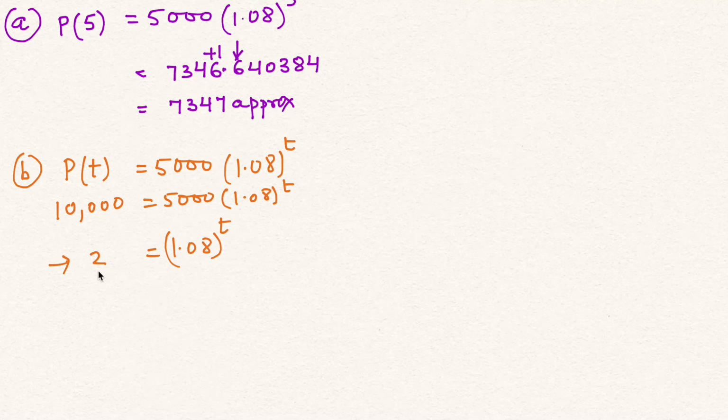Okay. Now, because this is an exponential equation and the variable is in the exponent, we will convert this into log. So log base 1.08 of 2 is equal to t. Again, let me tell you. Suppose this is your question and you have to convert into log.